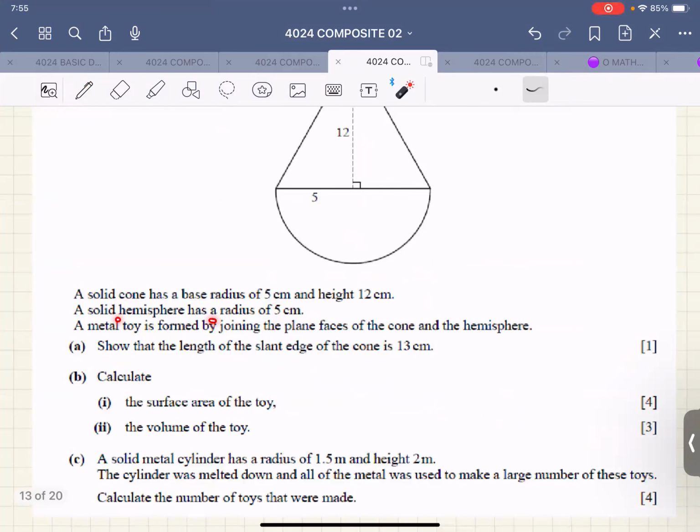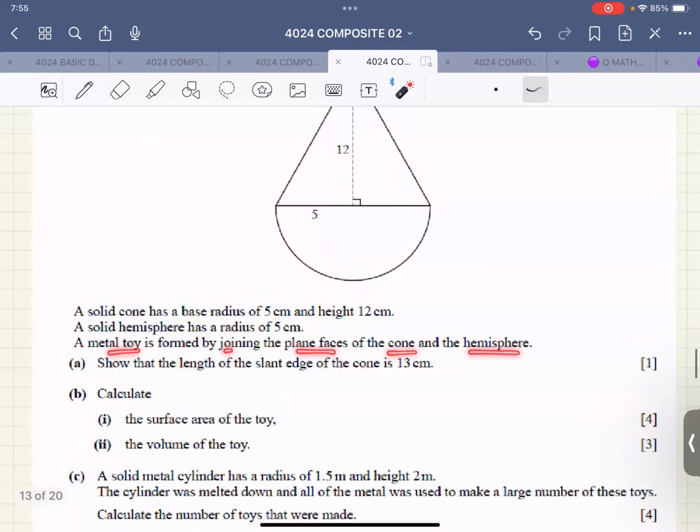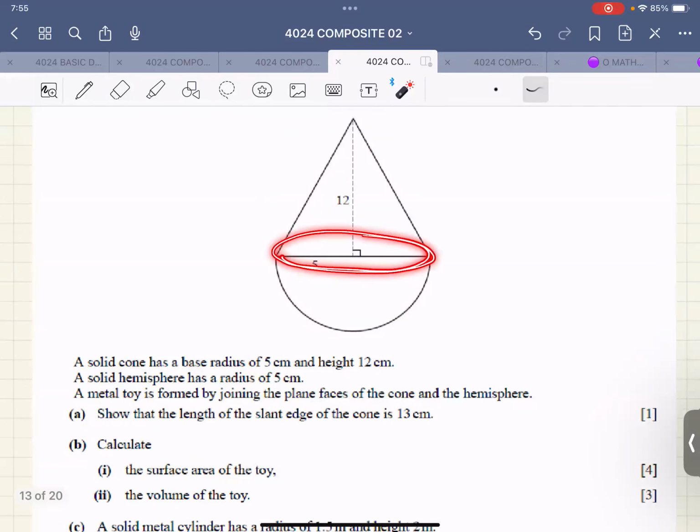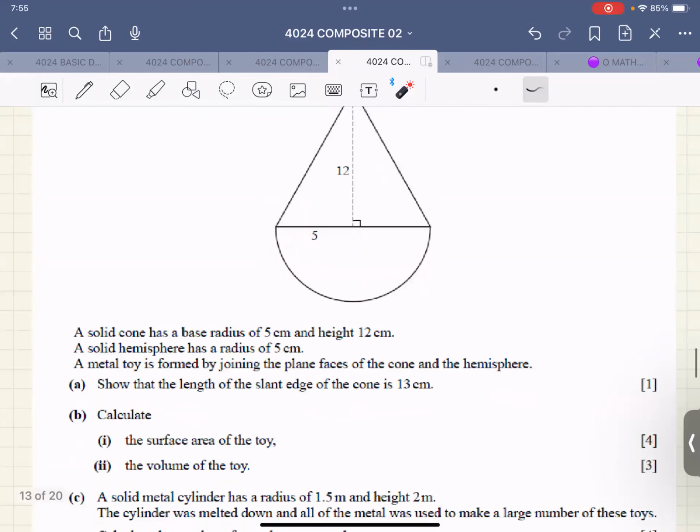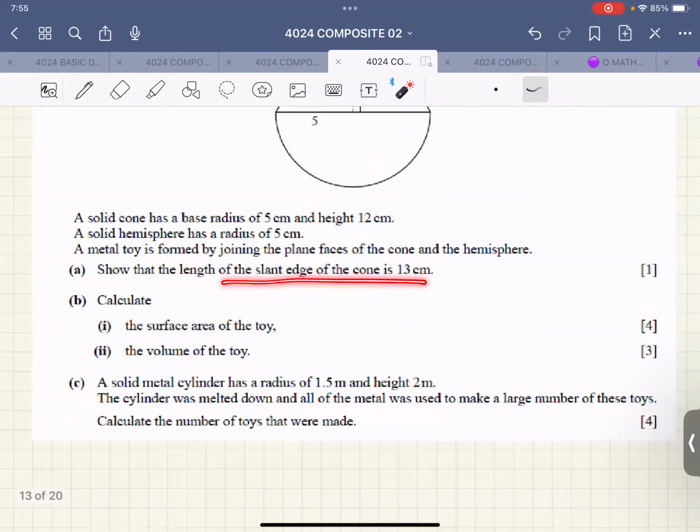A solid hemisphere, that's half of a sphere, has a radius of 5 centimeters. A metal toy is formed by joining the plane faces of the cone and the hemisphere, that means the circular face that is common between the two. Show that the length of the slant edge of the cone is 13 centimeters. Calculate the surface area of the toy and the volume of the toy.